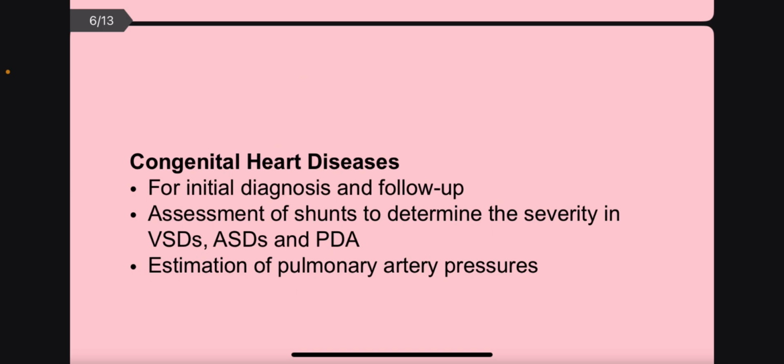At first it was acyanotic. Now, when the shunt reverses, it will be cyanotic. I don't know if you understand. But if you read congenital disease, you will find two major classifications, cyanotic and acyanotic. But it can interchange.